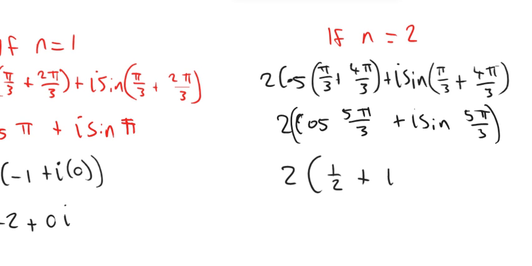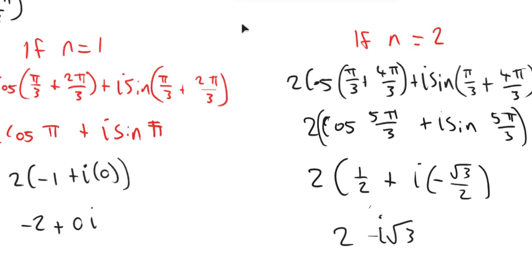And then plus I sine then will be negative in the fourth quadrant. So therefore it's I times minus, and then sine of pi over 3 is just root 3 over 2. So we get 2 minus the 2 times the 2 on the bottom cancels, so 2 minus I root 3, sorry. So that's our third answer then. So those are our 3 roots.